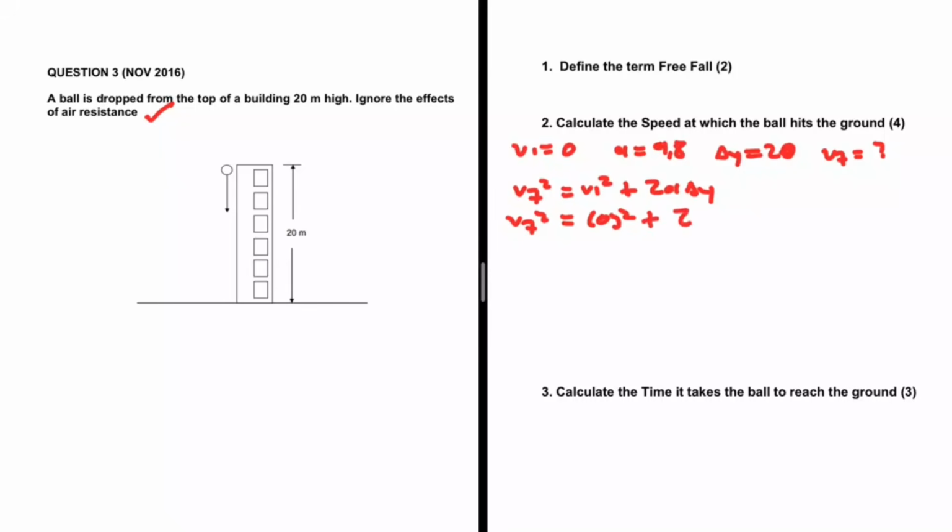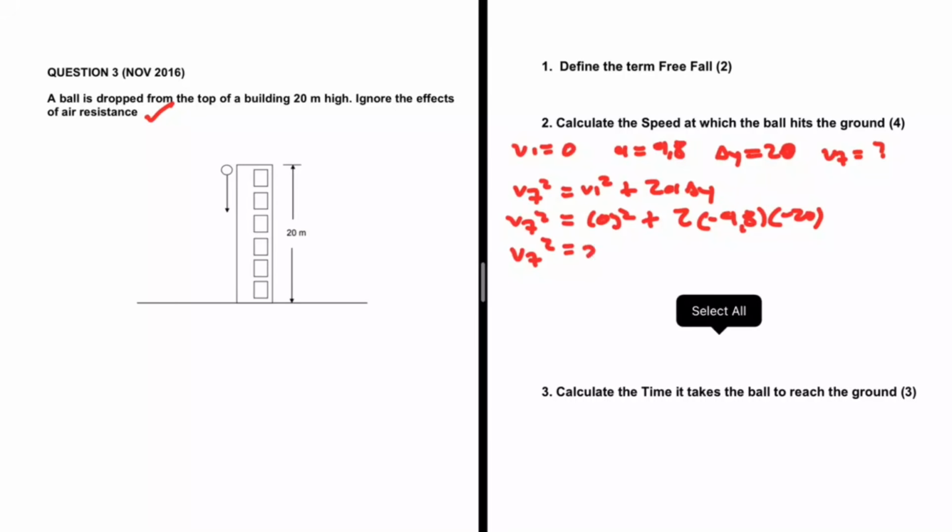Plus 2a. a is the acceleration, minus 9.8, right? 9.8 meters per second squared downwards. And then delta y, the displacement, it is also downwards, so we're going to have minus 20. So Vf squared is equal to 2 multiplied by minus 9.8 multiplied by minus 20.